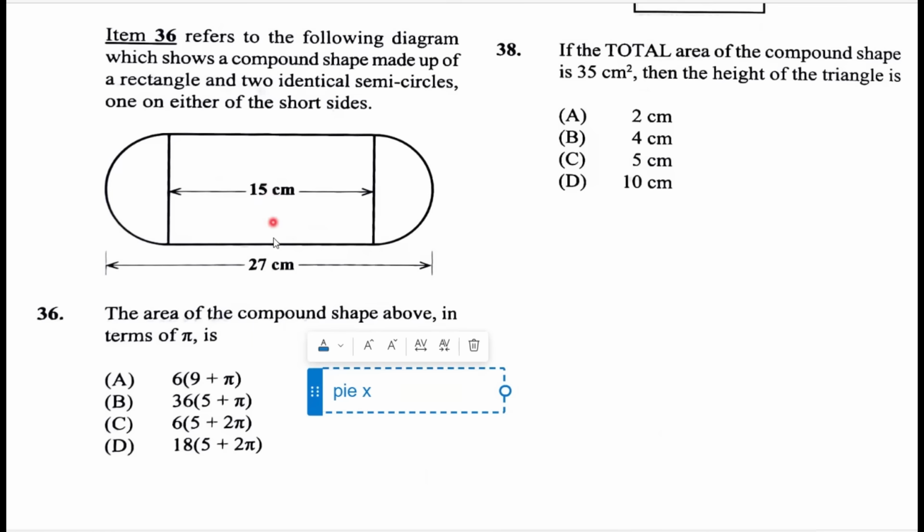If here is 15 from 27, that will give you 7, which is kind of weird. Did I say 7? I made an error. Sorry about that. 15 from 27 actually is 12. My bad. So it's 12, and the radius will be 12 divided by 2. That'll be what? 6. All right, so radius is 6.